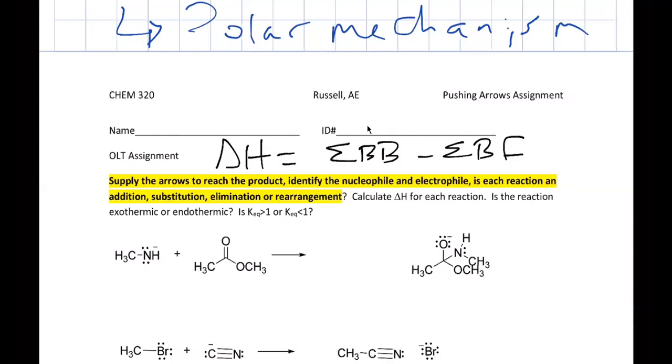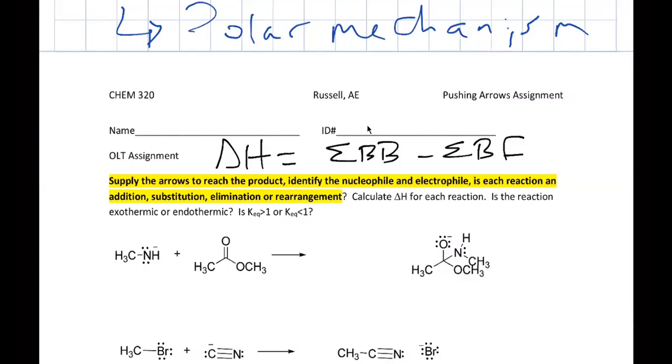So we're going to walk this down. If we read the instructions, it says apply the arrows to reach the product, identify the nucleophile, identify the electrophile, and then tell what type of reaction it is: addition, substitution, elimination, rearrangement, and then calculate delta H, tell if it's exothermic or endothermic, and then tell if KEQ is greater than 1 or less than 1.